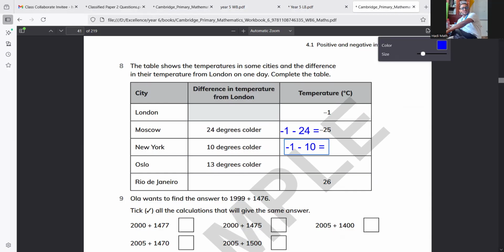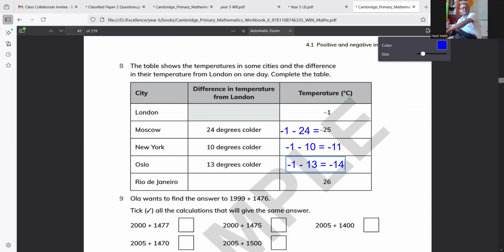So the temperature in New York will be negative 11. Oslo, we say, is 13 degrees colder. It's also negative 1 minus 13, and negative 1 minus 13 is equal to negative 14.